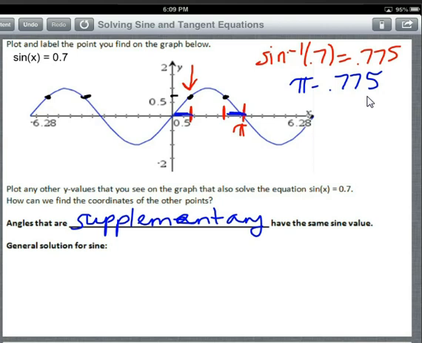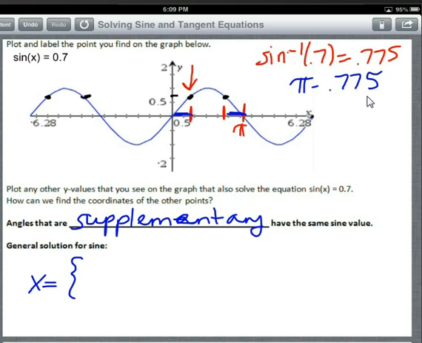Now let's figure out the general solution for sine. I'm going to write it a little differently.